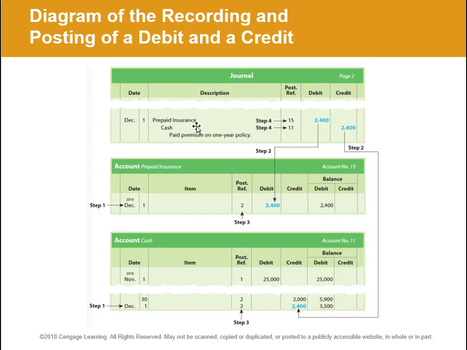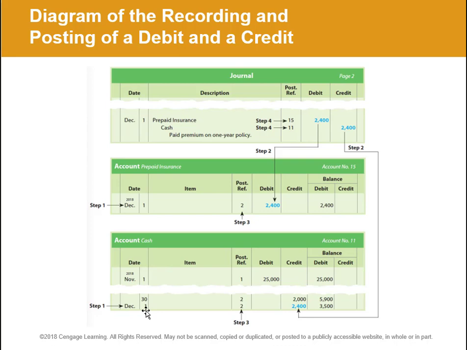This prepaid insurance was posted to account number 15. Cash was decreased, and cash is account number 11, so account number 11 down here has the credit to cash. Both sides of the entry were posted, one to prepaid insurance and one to cash, and now these account balances are updated.